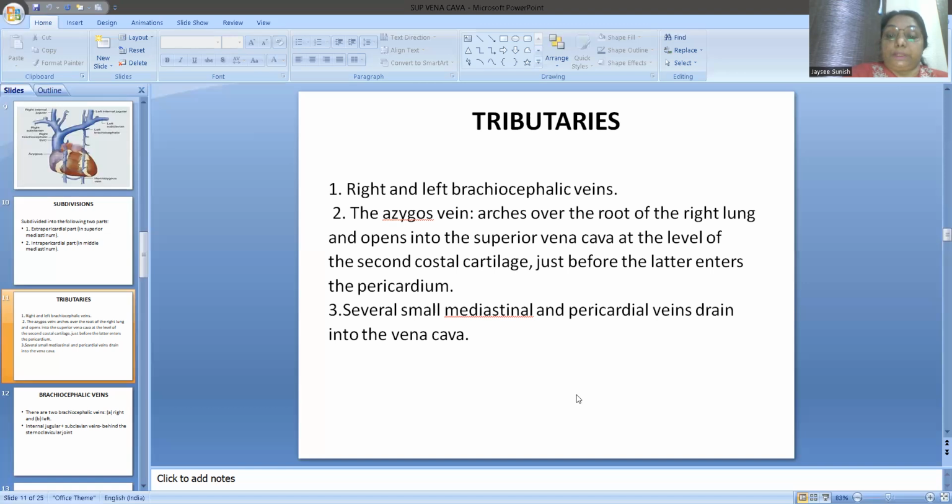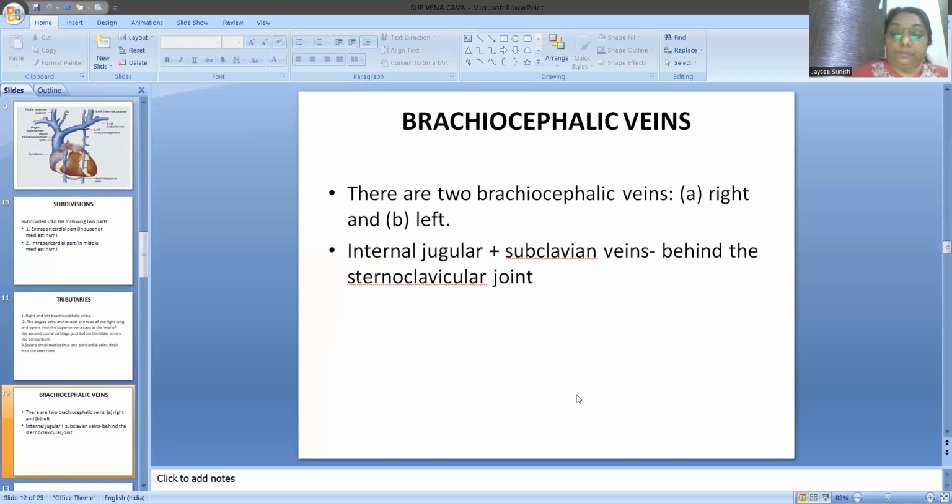Besides these veins, several mediastinal and pericardial veins also drain into the superior vena cava. So these are the main tributaries and some small tributaries.